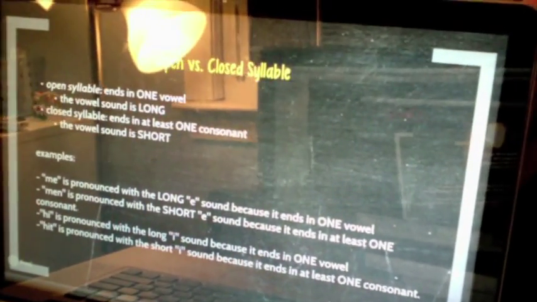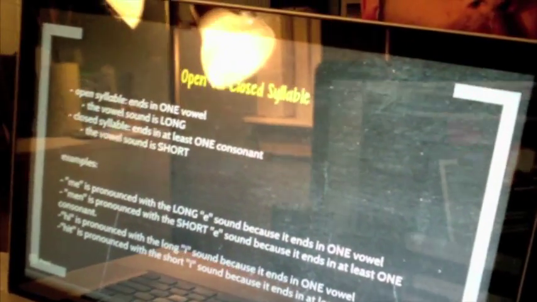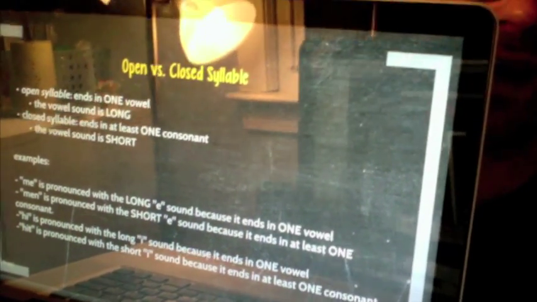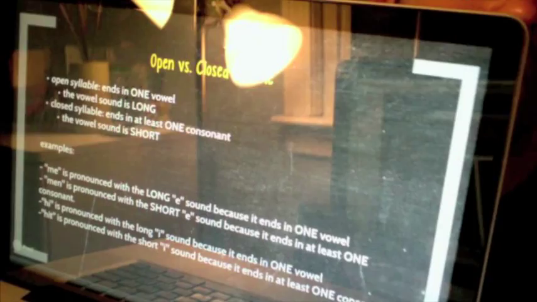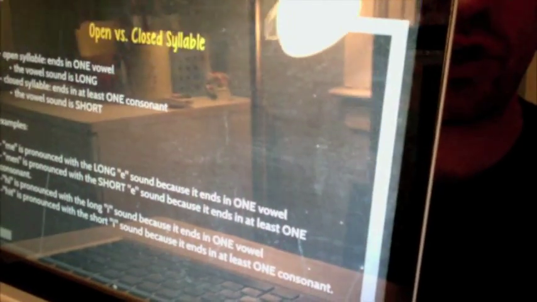When an open syllable ends in one vowel, it makes the vowel sound long, like A or I or O. A closed syllable ends in at least one consonant. Our consonants are all the other letters besides vowels. When a closed syllable ends in one consonant, the vowel sound is short.